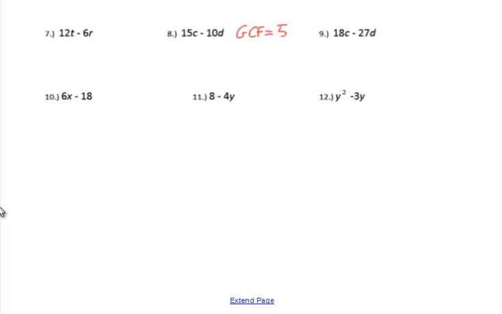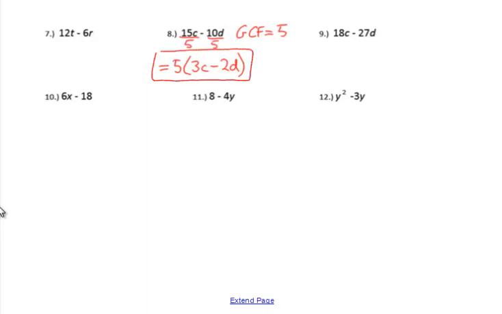Now there's a C and a D, but it isn't in both, so that's not common. So write your GCF, divide by 5, and we're going to be left with 3C minus 2D. So 5 times 3C minus 2D.